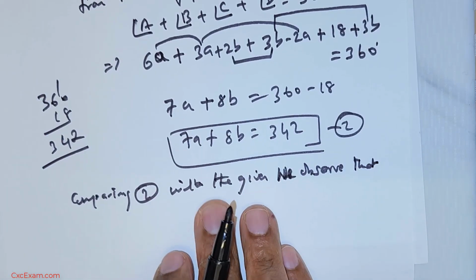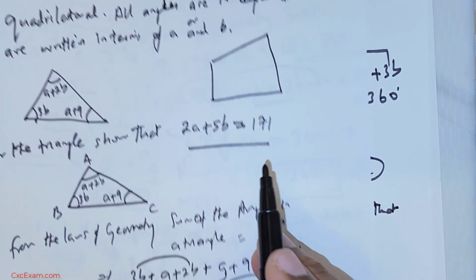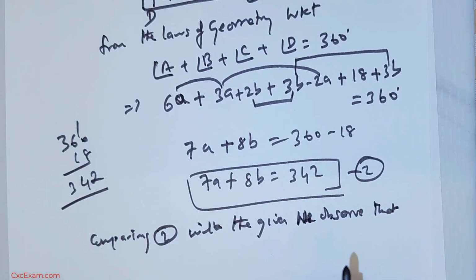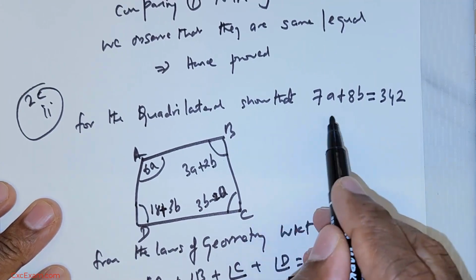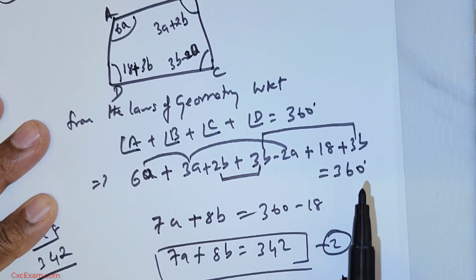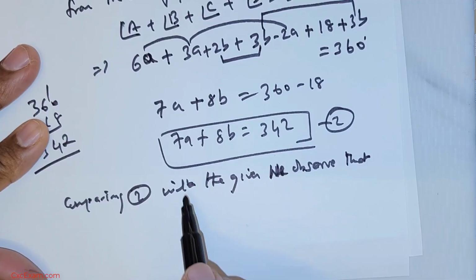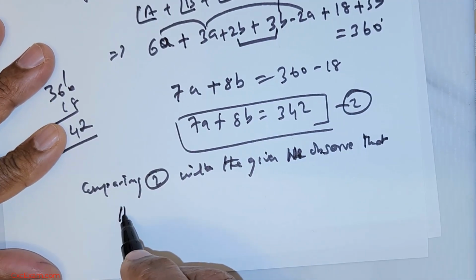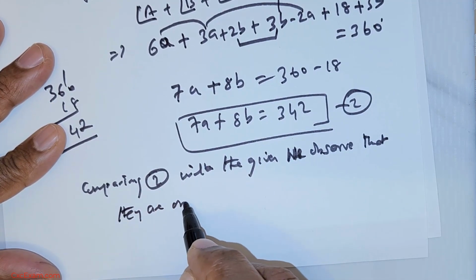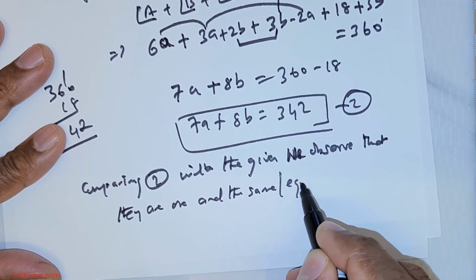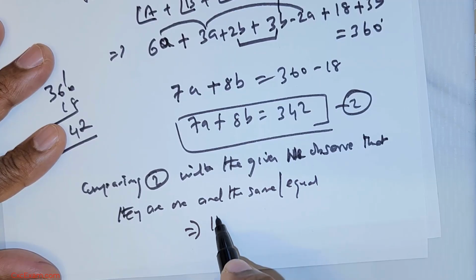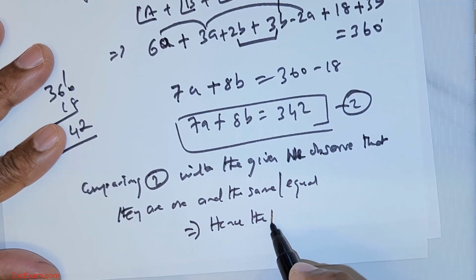See here, okay, so it's over here. We observe that 7A positive 8B is equal to 342. That's exactly what we got. We observe that they are one and the same, or you can write equal. So this means, hence the result is proved.